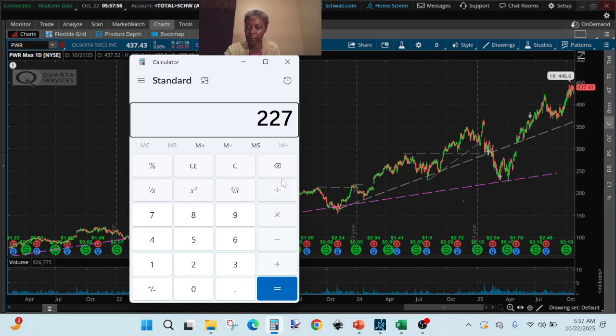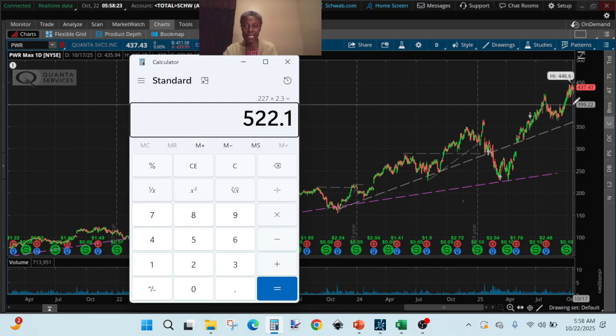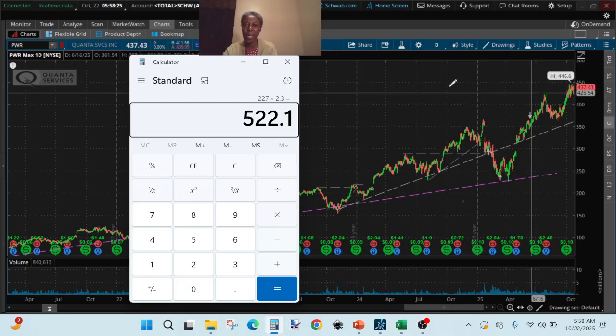So 227 times 2.3. Because the previous time it was about a year that it continued to go up, creating higher highs, and it reached the first new high of this new cycle, we can sell it as we did, or stay in the trade for at least 6 months, or when the price reaches 522 or so, sell it.